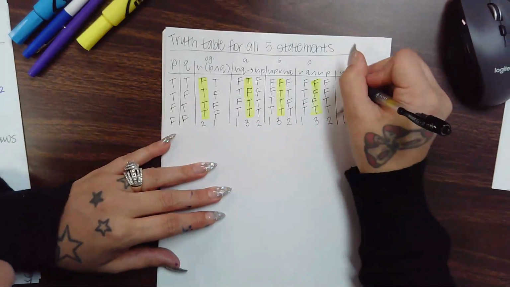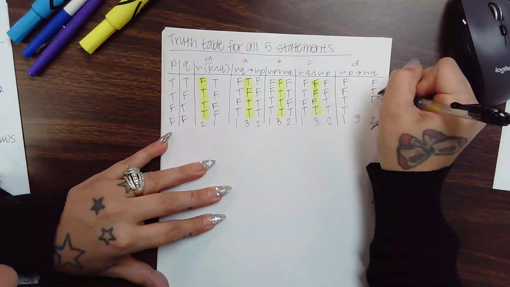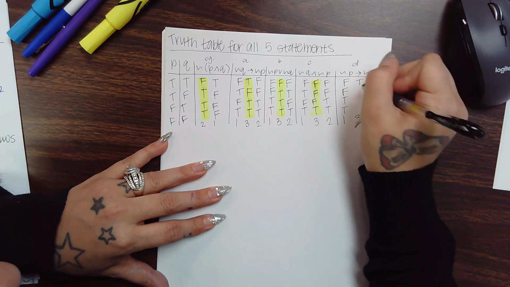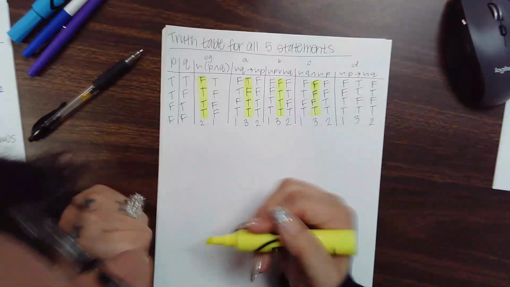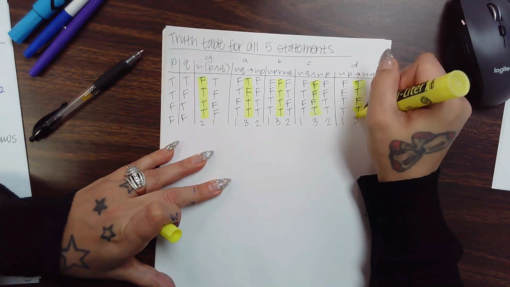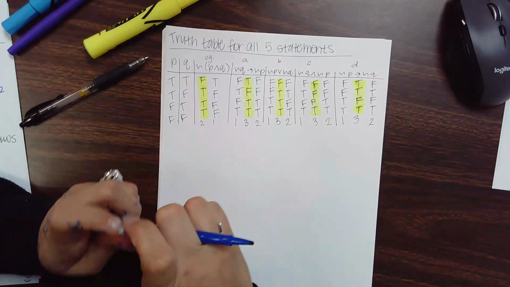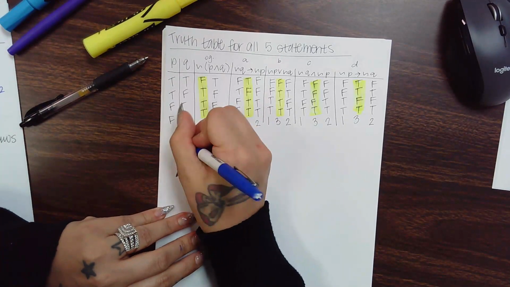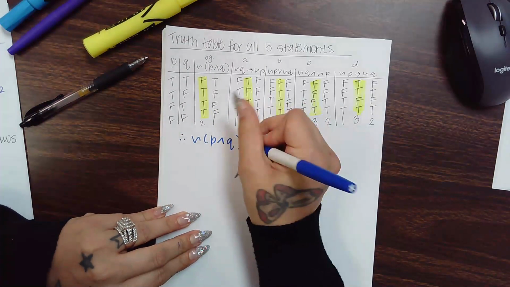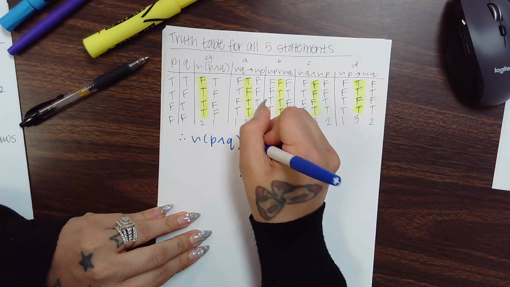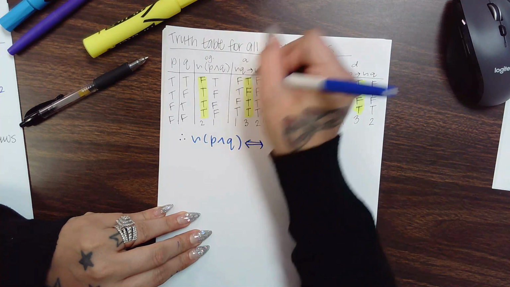This last one is FFTT, FT, FT, T, T, F, T. So what we can conclude is that the original statement we had is logically equivalent to, I think it's B.